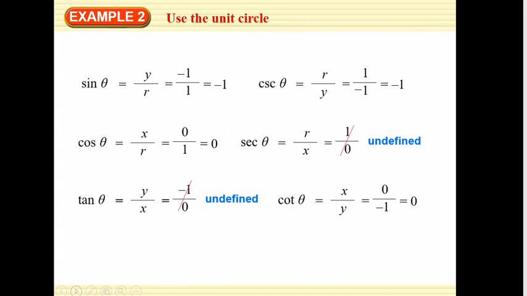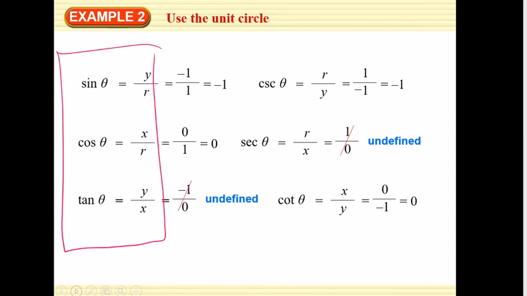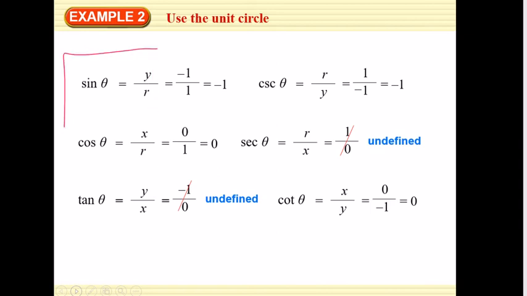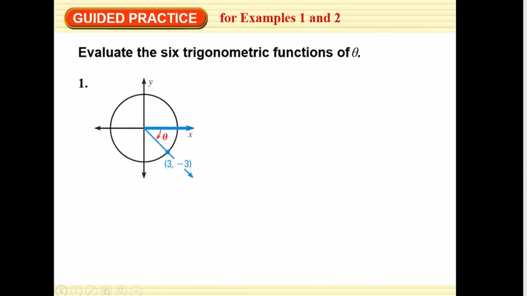But this time if I do it the opposite way, I do cosine over sine, take the reciprocal of that, 0 over negative 1 is 0. And we should be able to then set up all these x's and y's. If you have just these two memorized, you can construct the other ones.